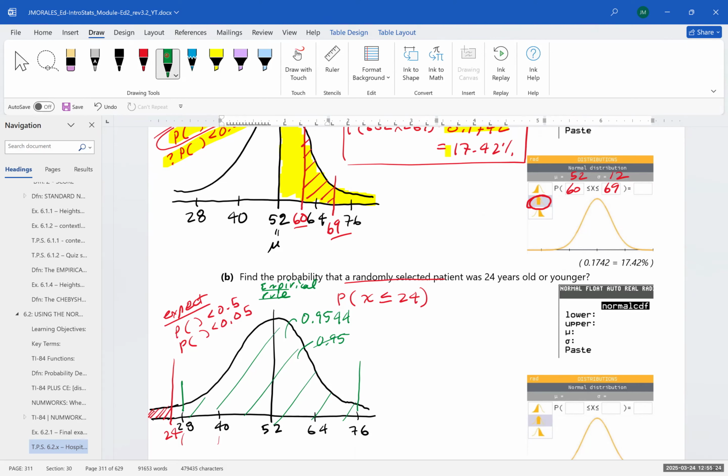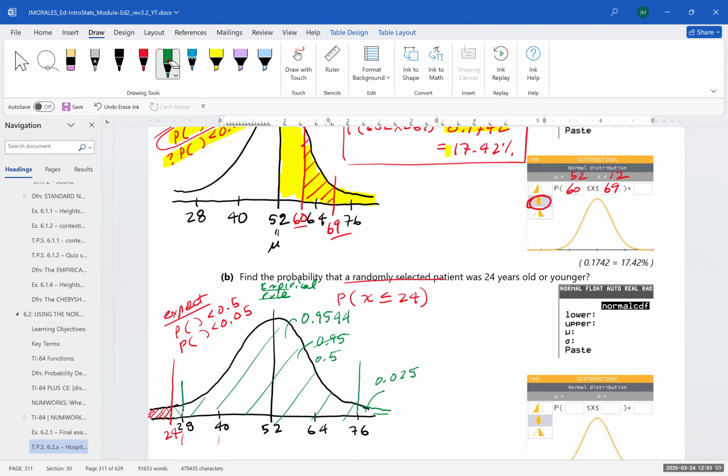Then that means that outside this area is about 5%, which means that this tail here has an area of about 2.5%. And this area out here has an area of, let's see, I'm running out of room.